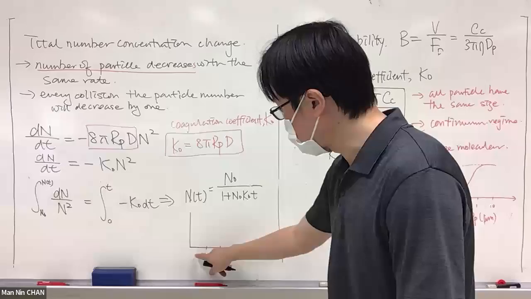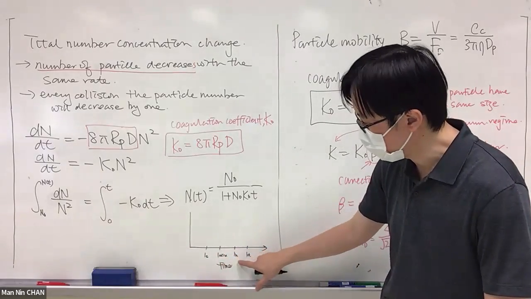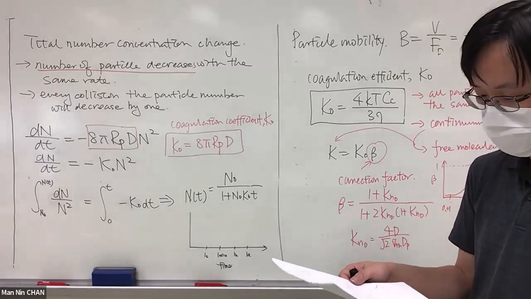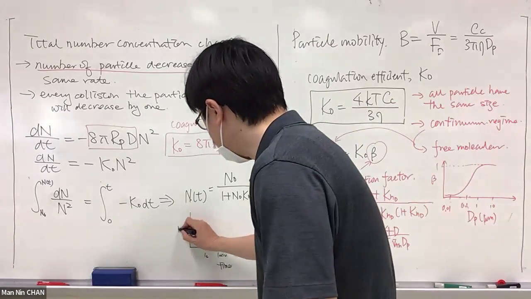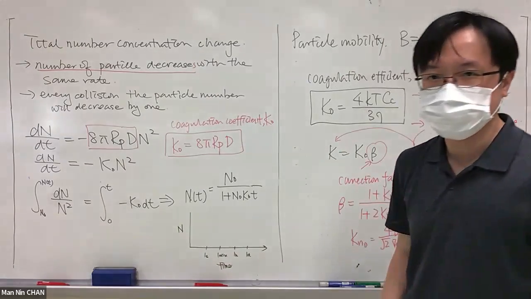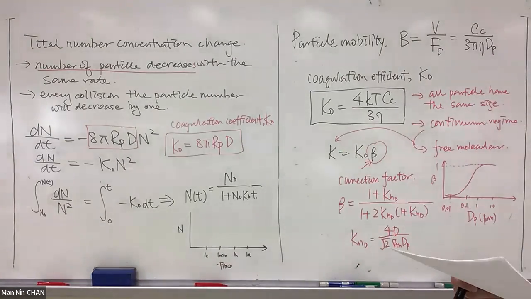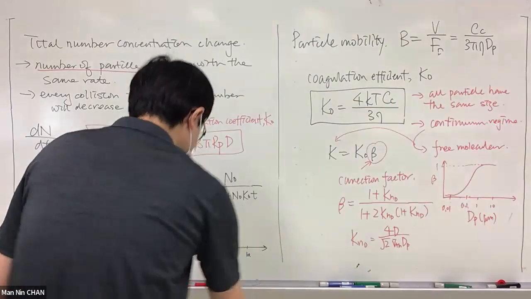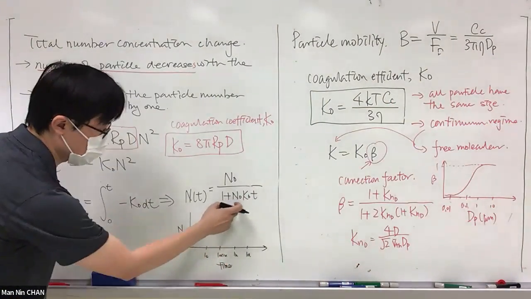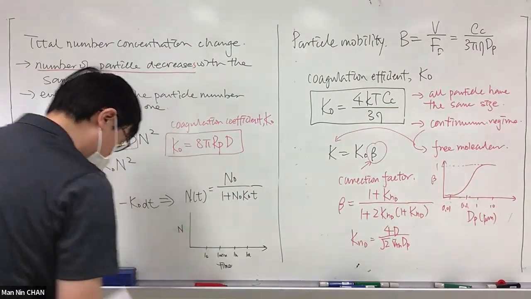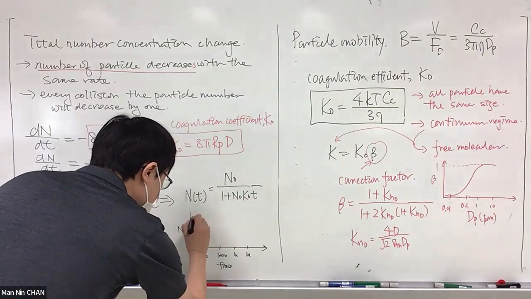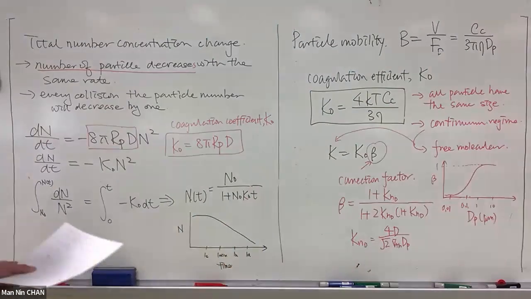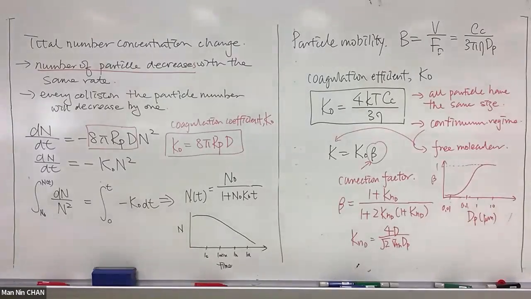So this is 1 second, 1 minute, 1 hour, 1 day, or you can set 1 week. And then you look at your N, that means your number concentration. If you're looking at these equations, in the first few seconds you don't have much change, but when time increases, you will have a number concentration like this.